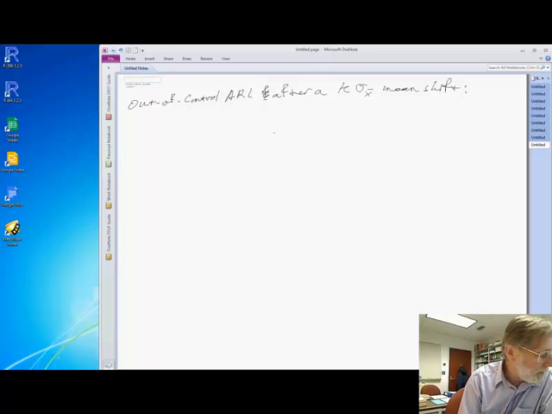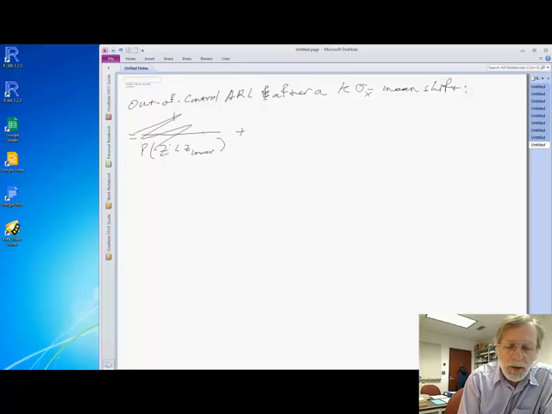And that formula is, so this out of control ARL is 1 over the probability that Z is less than Z lower, plus, I blew it.